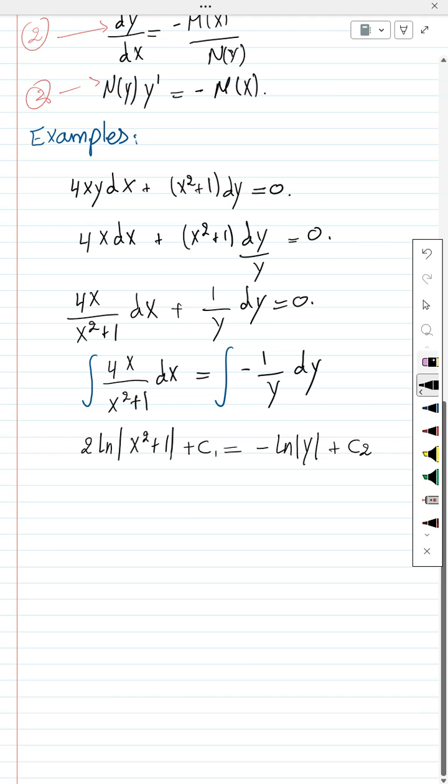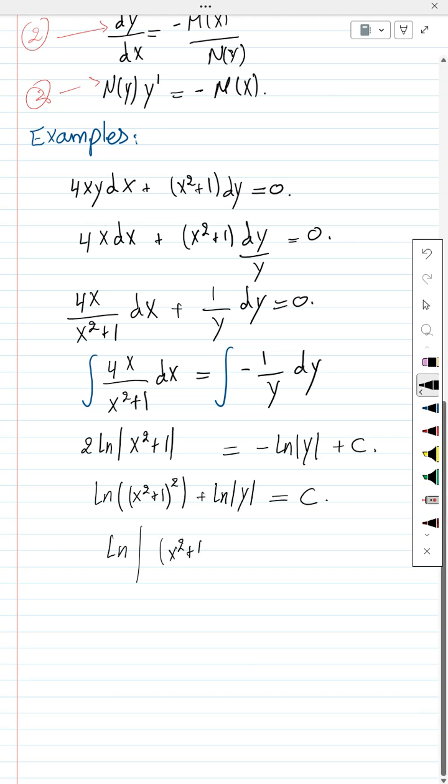Right here, c1 plus c2, we will replace them by c. So we have ln (x squared plus 1) to the power of 2 plus ln the absolute value of y is equal to c. So we will get ln of the absolute value of (x squared plus 1) squared times y is equal to c.